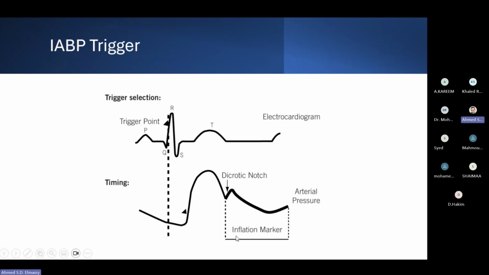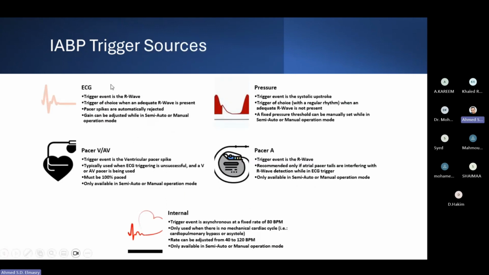So there are different triggers the machine can use, like the ECG. If the ECG is being used, the trigger signal will be the peak of the R wave, which is equal to the beginning of the systole. So if the machine identifies the R wave in the ECG, it will start the deflation, because this is the timing for the systole.